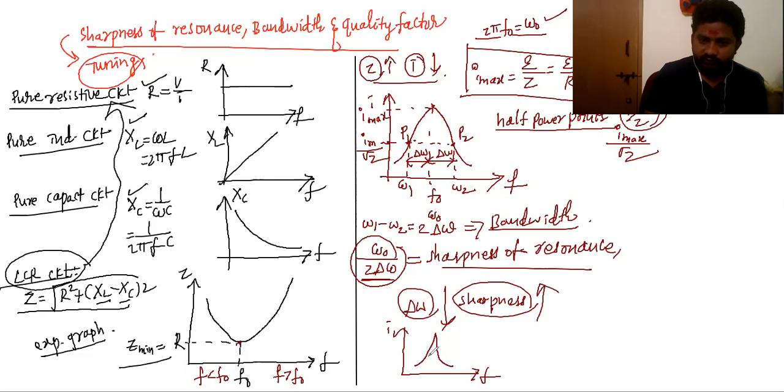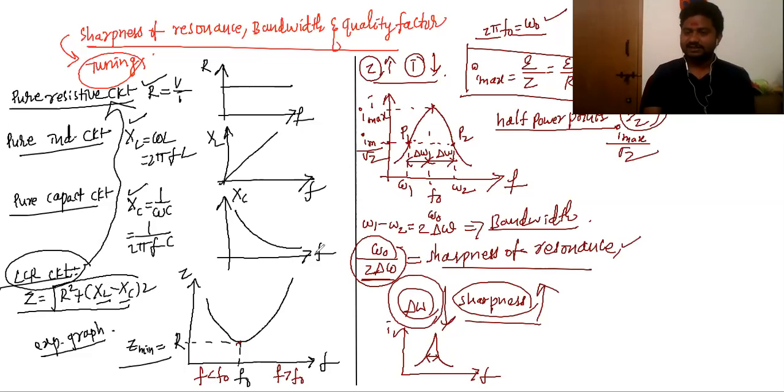See here, when this delta omega value is less, the curve becomes very sharp. Previously it was like this. So when delta omega is less, sharpness is more. That's called the sharpness of resonance.